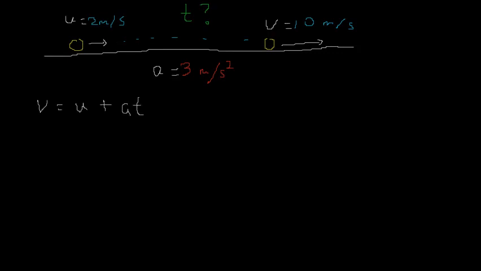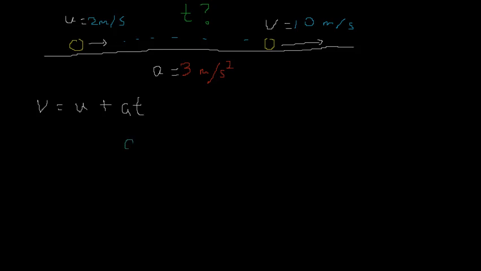I want to solve this for t, to make t the subject. That means I just want t on one side, so that's the t there, and I want to move the u away, for example, so that only t remains on one side.